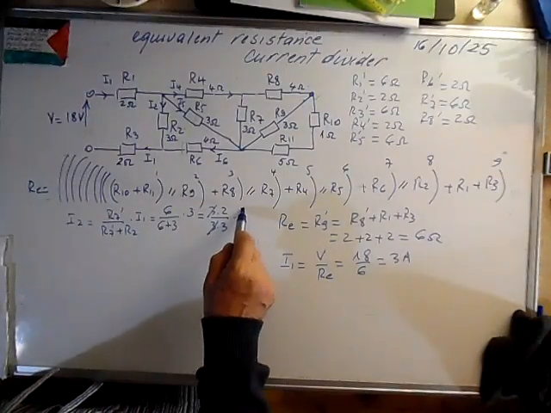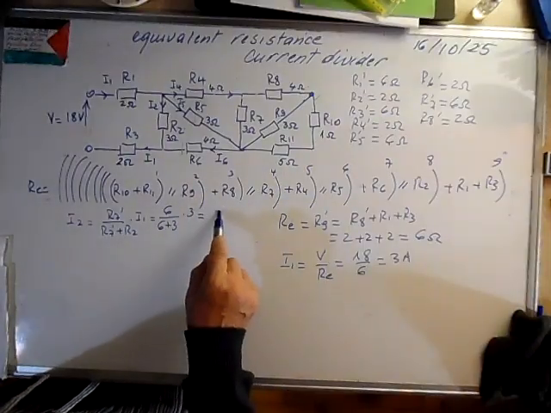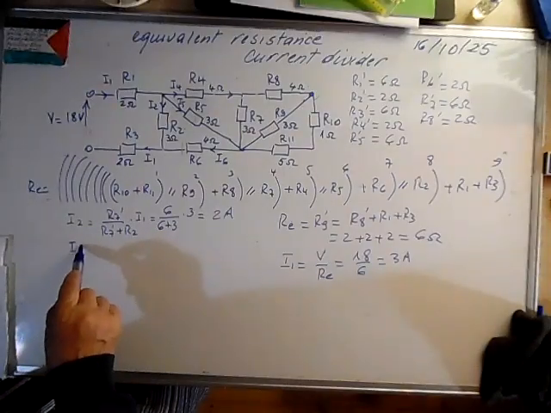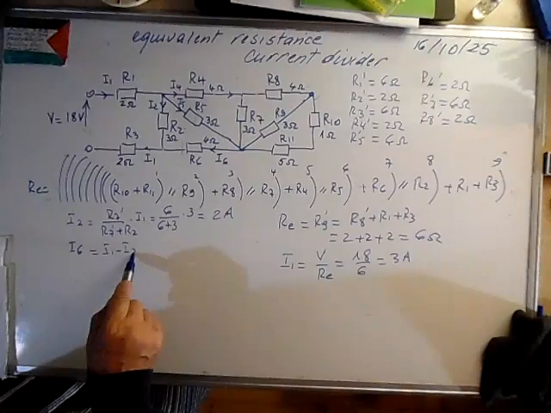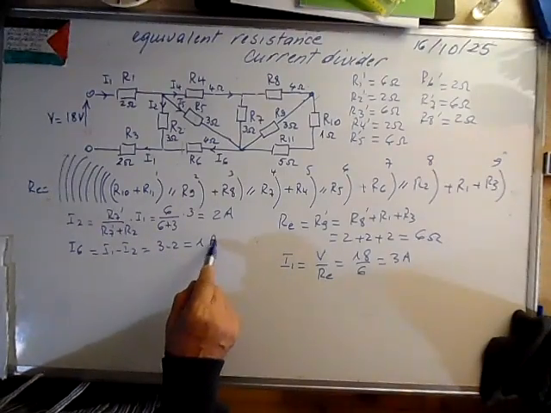It's 2/3 of 3, so it means it's 2 amps. And I6 definitely will be I1 minus I2, and this is 3 minus 2, it's 1 amp.